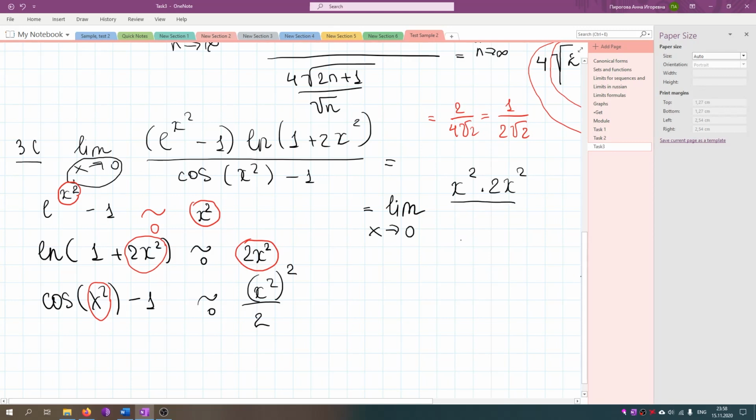And this will be divided by x in the fourth power. So 2x in the fourth power divided by x in the fourth power.